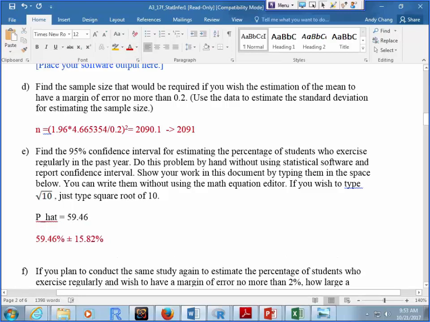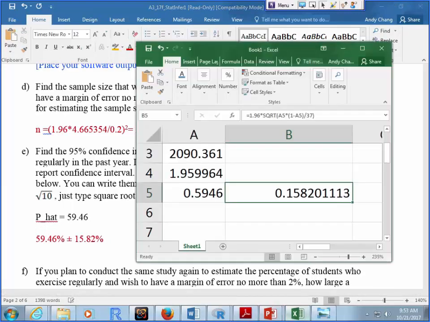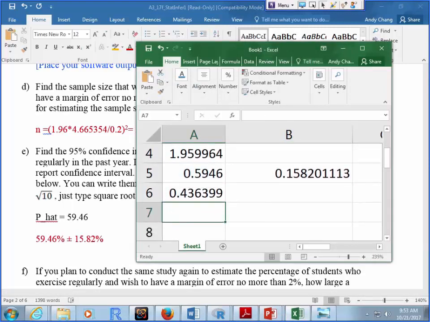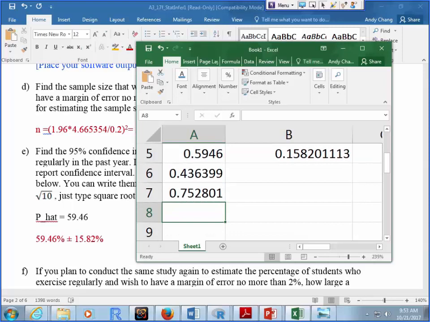Make sense? Or if you use this, subtract this plus that. So you can use this number, subtract the margin of error to get the left endpoint, and this number plus the margin of error to get the right endpoint.